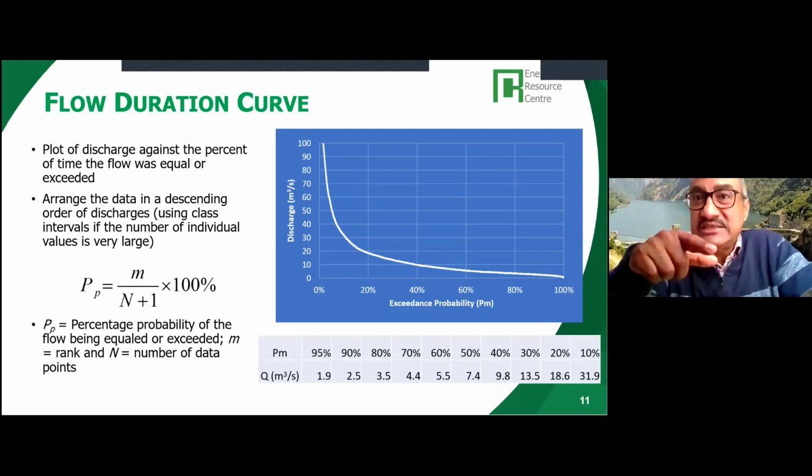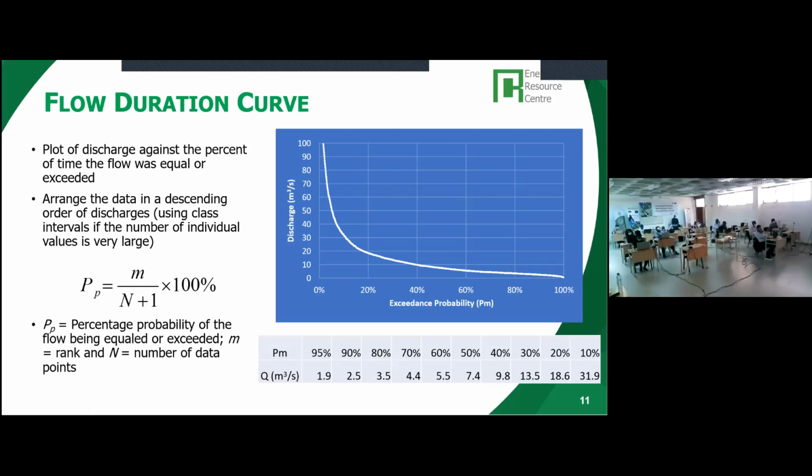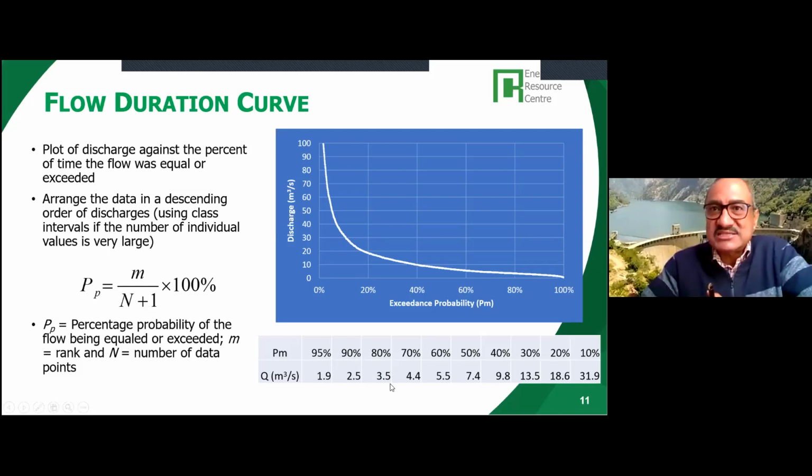The efficiency will decrease. But what you can also do is have more than one unit. Let's say you have two units, not one turbine but two turbines. One turbine will have half of this, 1.75 design discharge, and the second turbine will have 1.75. When you have 3.5 cubic meters per second of water available, you generate using two turbines.